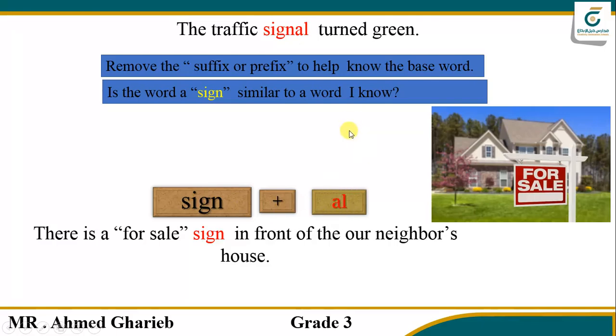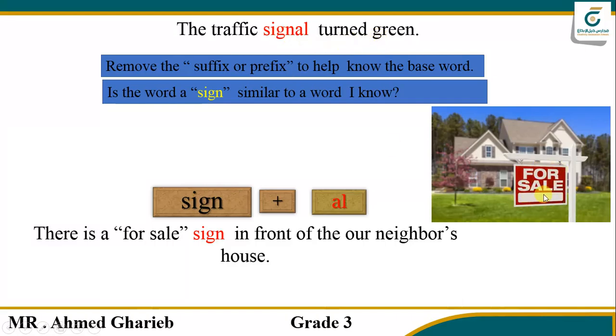alright, and now let's look at the context clues. Traffic turned green. So traffic means in the street, okay, and turned green means to change the color into green, and the sign is something like that.